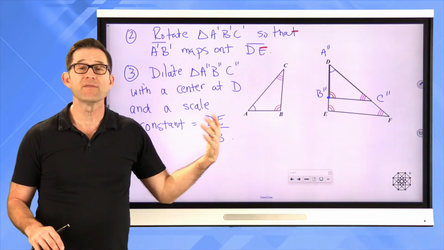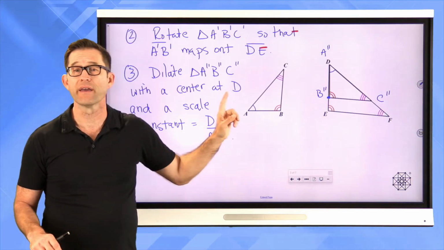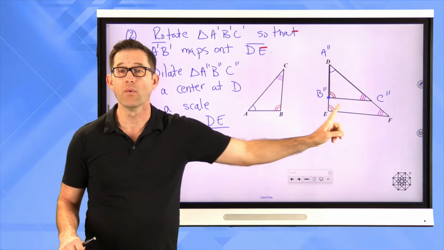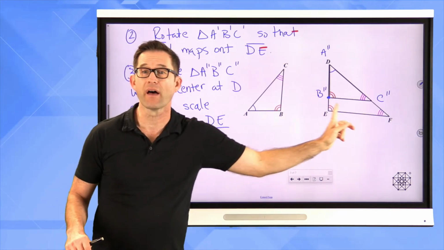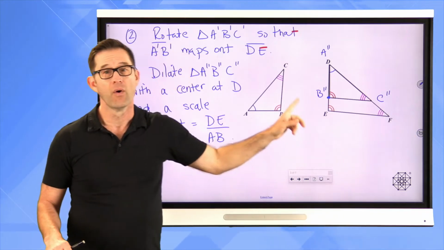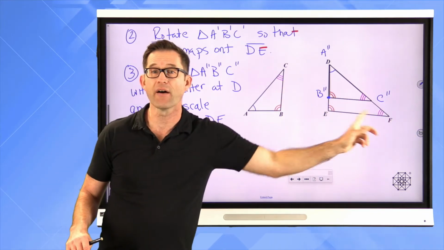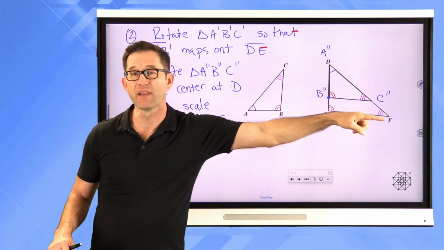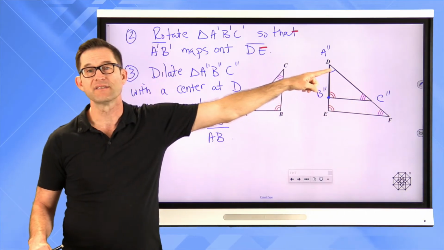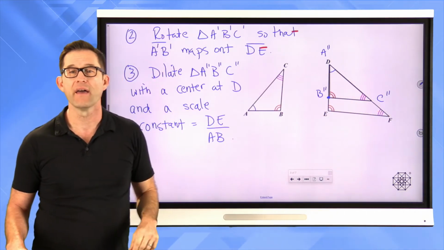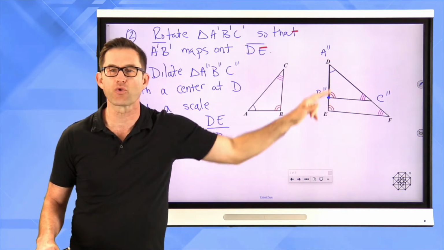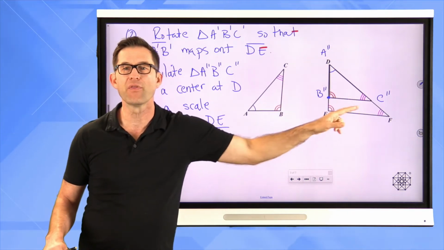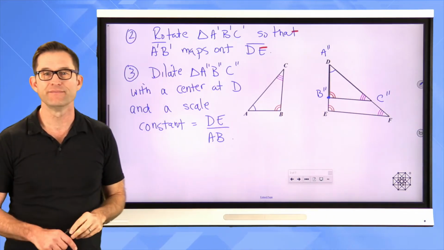Now again, this isn't the only way to do it. We could have mapped it so that B went to E, and then I rotated it down so that BC was lying along EF. Or I could have mapped C to F and then rotated it up so that C was pegged here and CA was somewhere along that. In every case, I would get something that looks like this, a triangle embedded within a larger triangle.